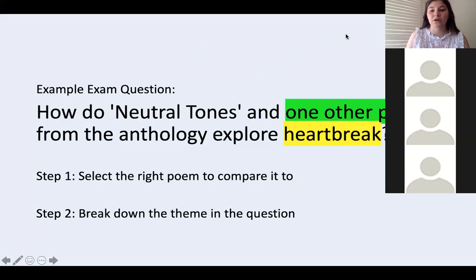Sarah, that's the one we're going to use today. When We Two Parted, Sophie. Okay, great. So a lot of them do discuss heartbreak, but if I choose a poem like When We Two Parted, I know that I'm going to have a lot of information to use, and I know that I'm going to have a lot of content and examples. So that's what I'm going to go for.